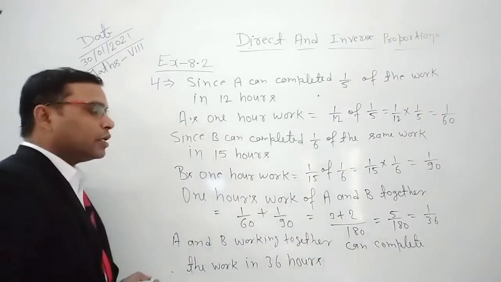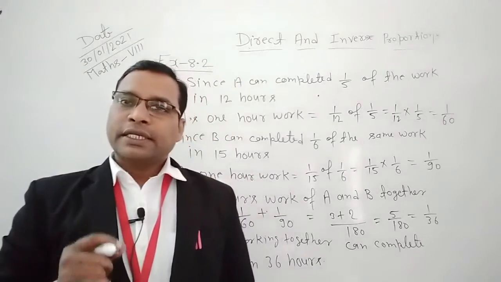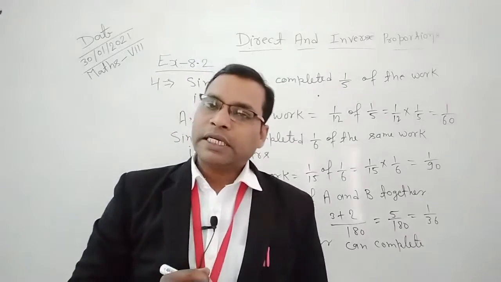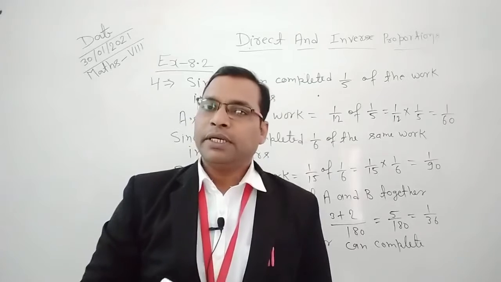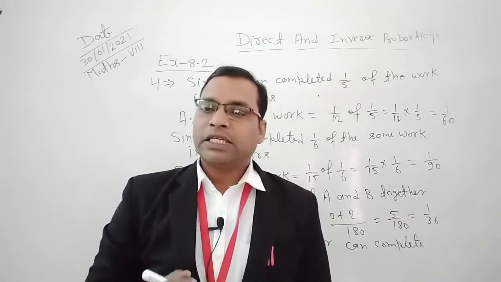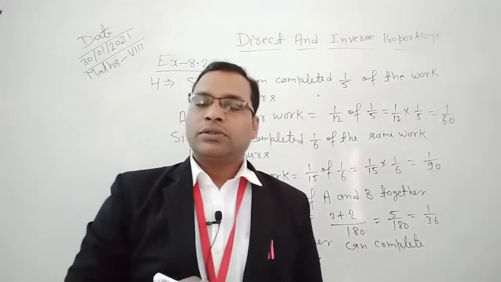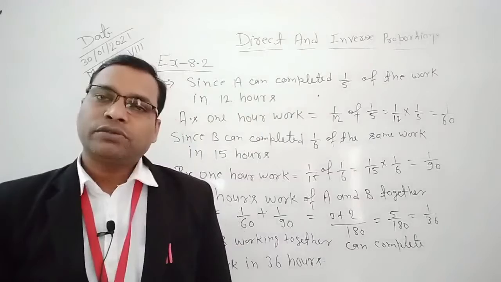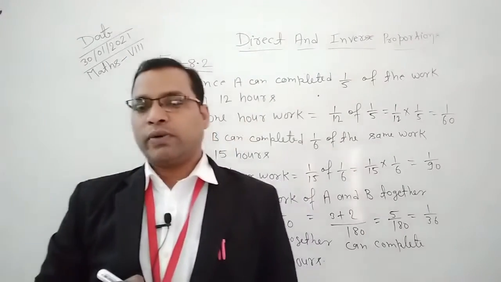Clear? Student, in this question it is given that A can complete 1 by 5 part of work in 12 hours and B can complete 1 by 6 part of the same work in 15 hours. So the question asks us, in how many hours can both working together complete the work?